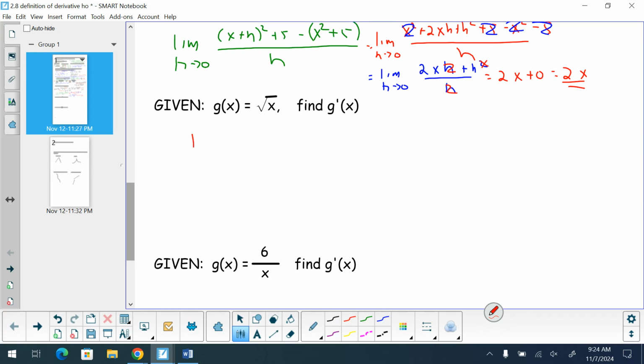I want to find our general derivative. So we have the limit as t is approaching x of f of t minus f of x over t minus x. F of t, square root of t, minus square root of x over t minus x.